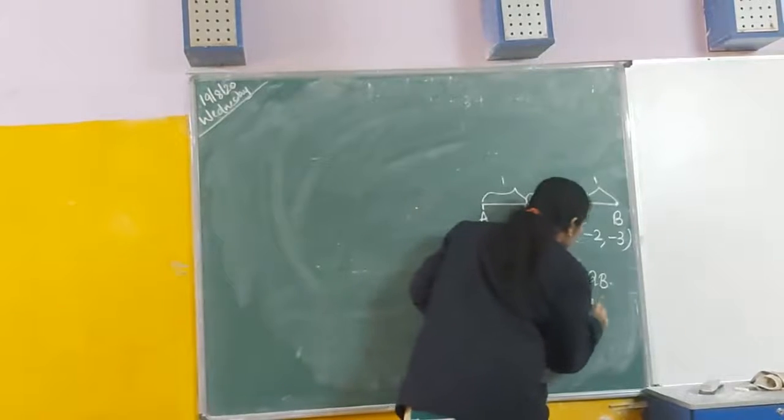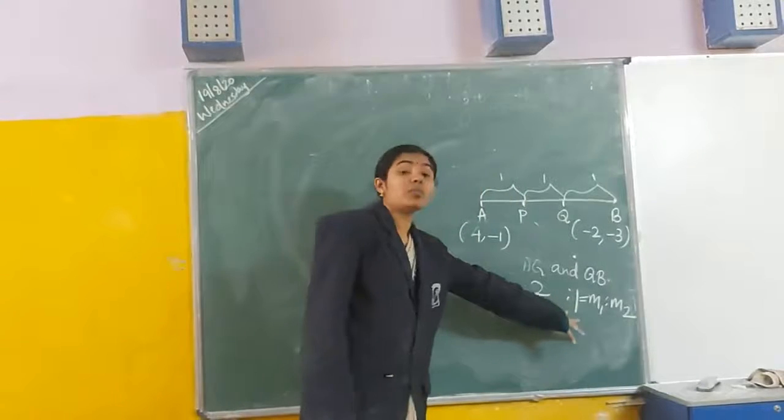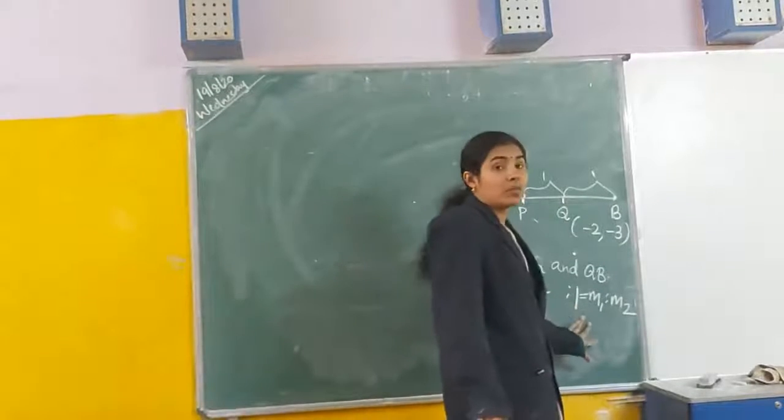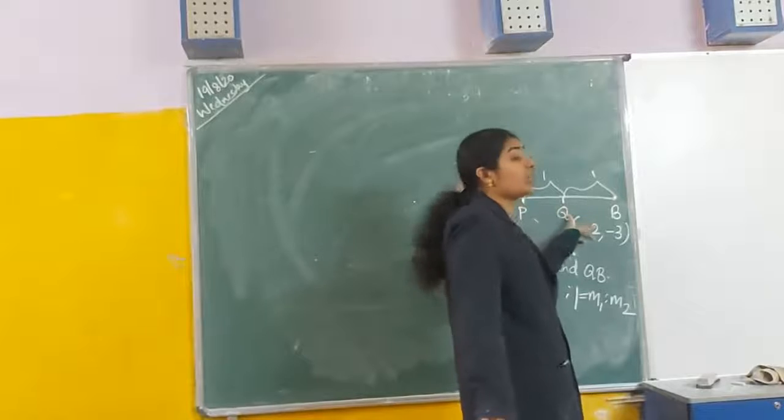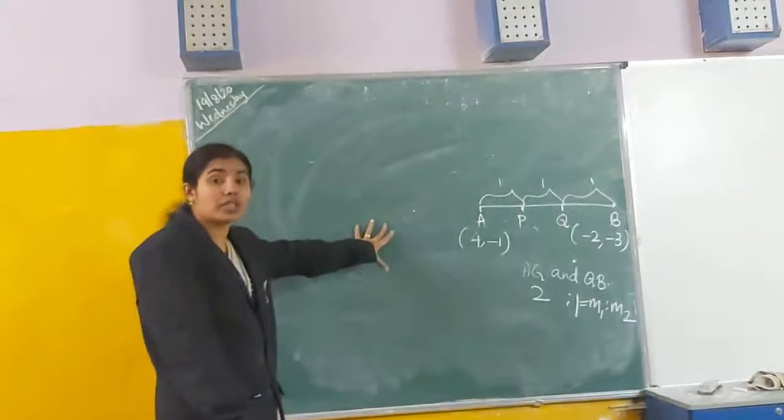So the point Q has the ratio 2:1. So m1 is to m2, m1 is 2 and m2 is 1. By using this ratio, you should find the coordinates of the point Q, using the same section formula.